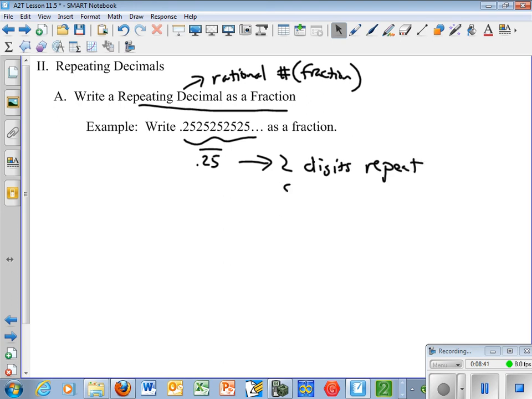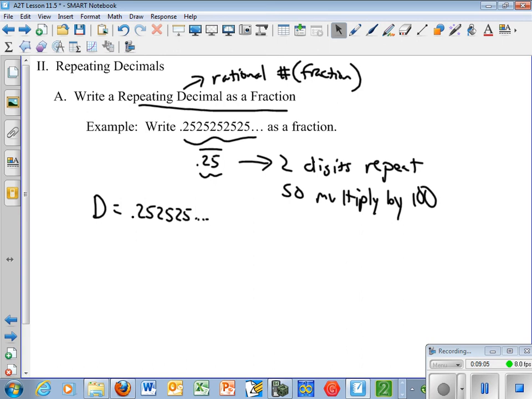So we're going to multiply by 100 because this is the hundredths place. Remember, it goes tenths, then hundredths. If you had 3 digits repeat, you'd multiply by 1,000. Now, what do I mean by multiply by 100? We're going to let D equal 0.252525, and so on.